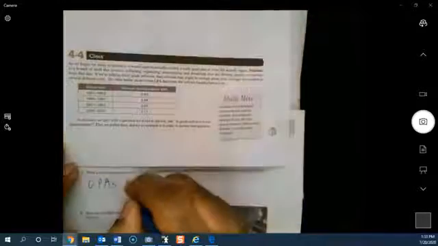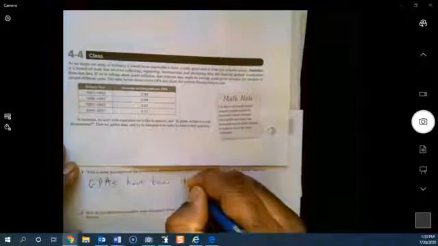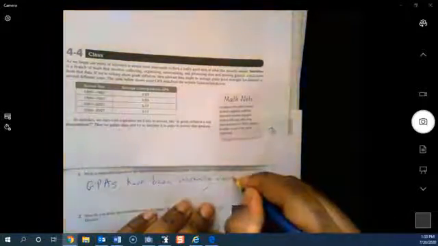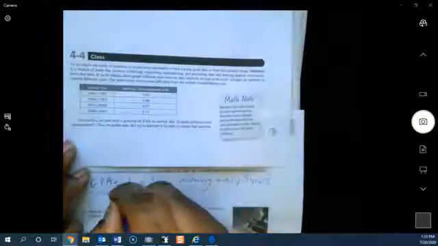If you look here, you notice GPAs have been increasing. So we could say GPAs have been increasing every 5 years since 1991.